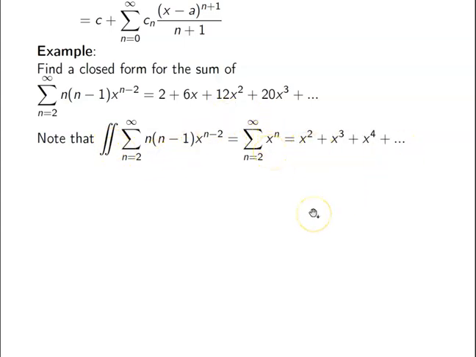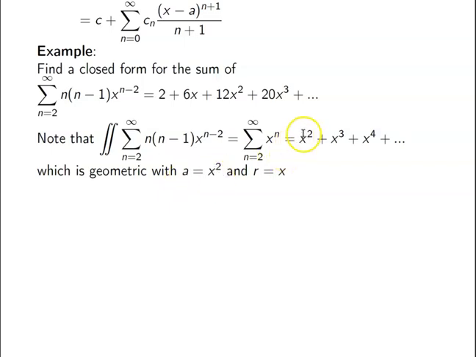So I have x squared plus x cubed plus x fourth. This differs from what I know of 1 over 1 minus x, but it's very clear that this is a geometric series, where r is x and a is x squared.